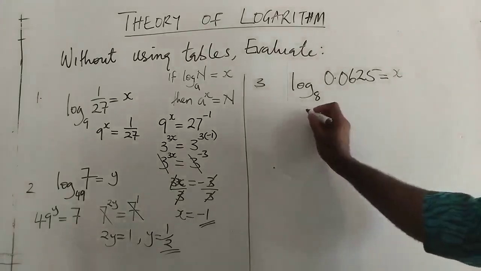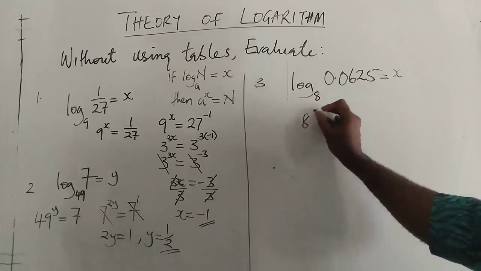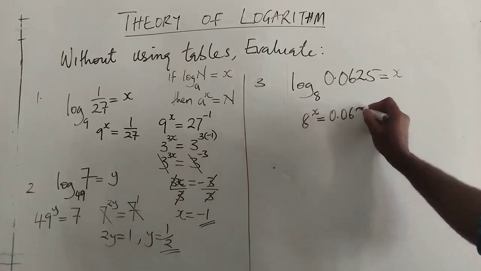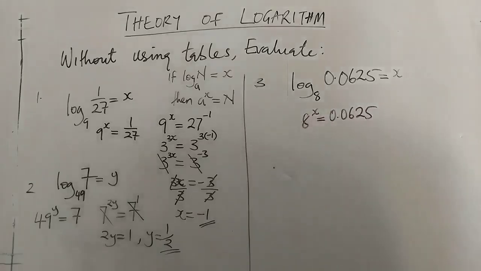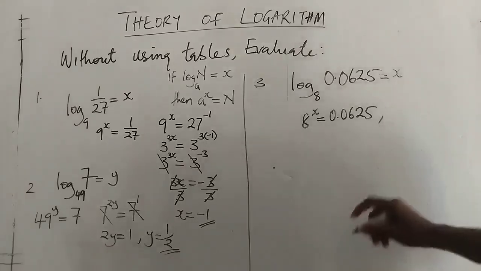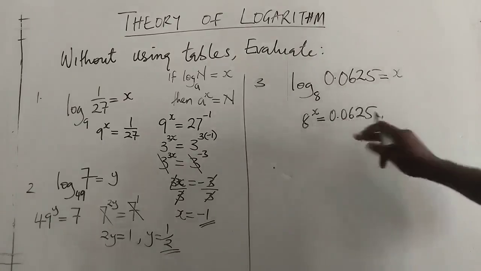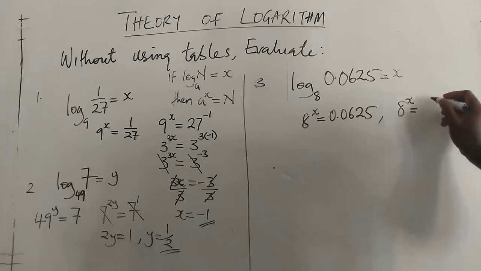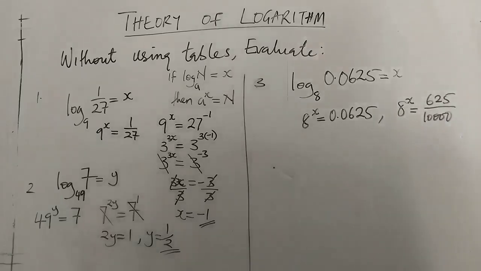Then we'll have 8 raised to power x equals to 0.0625. The next thing we'll do is we'll change this to fraction. We'll have 8 raised to power x equals to 625 over 10,000.